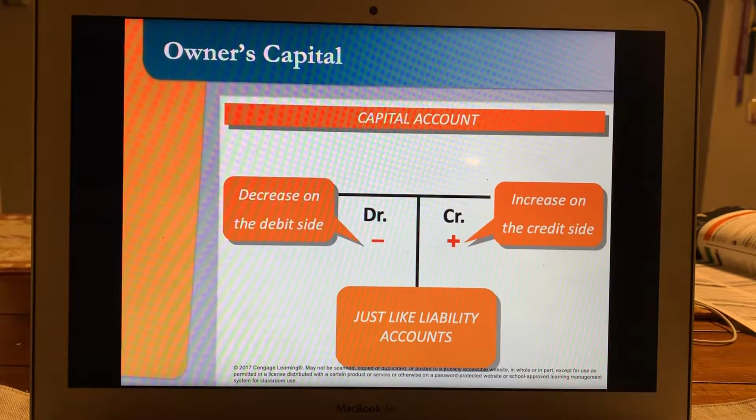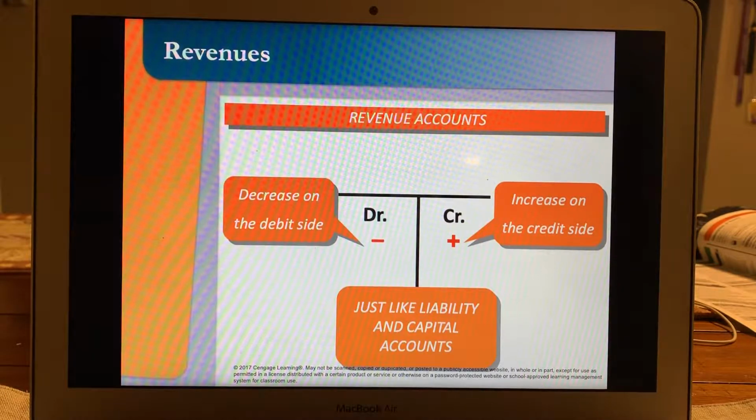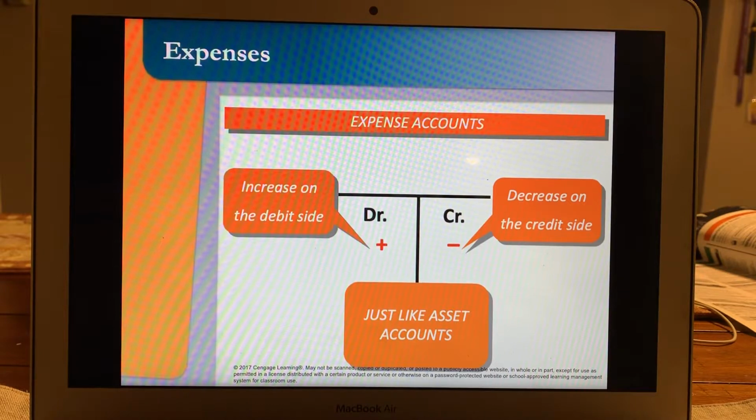Capital as well. So the debit is a negative or a decrease, and then a credit is an increase, just like a liability account. Revenue accounts, decrease on the debit side and increase on the credit side, just like other capital accounts. Expense accounts, they flip, increase on the debit side and then a decrease on the credit side.